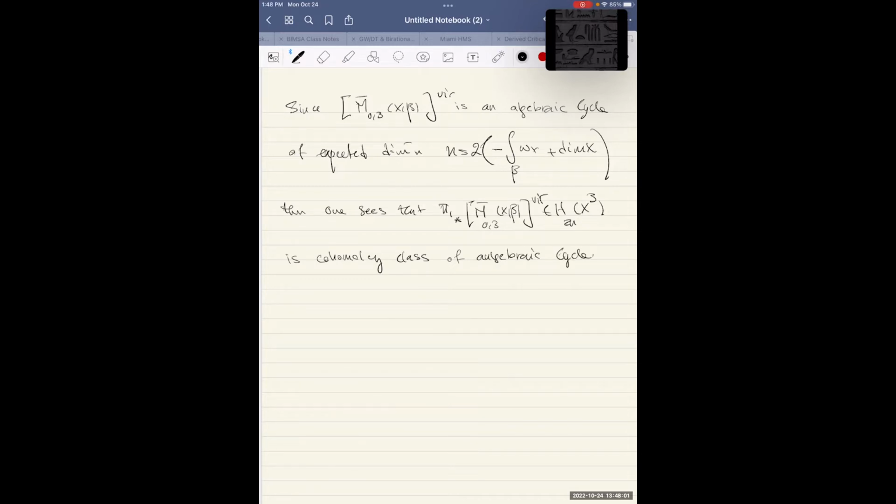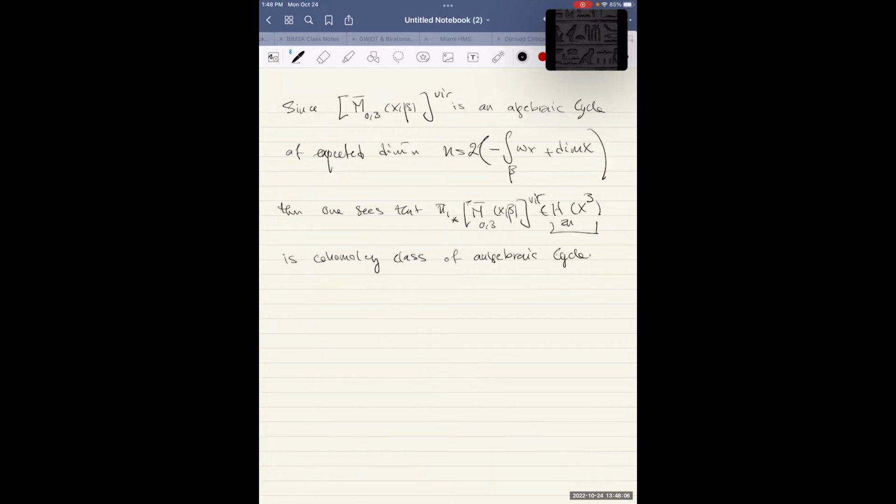So not only itself is an algebraic cycle, its push forward is an algebraic cycle sitting exactly here, right?